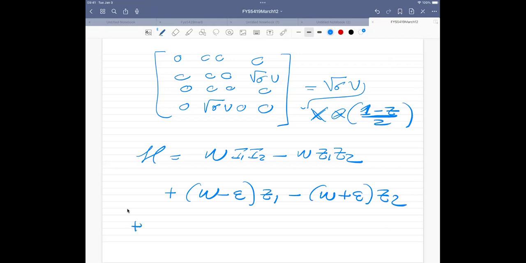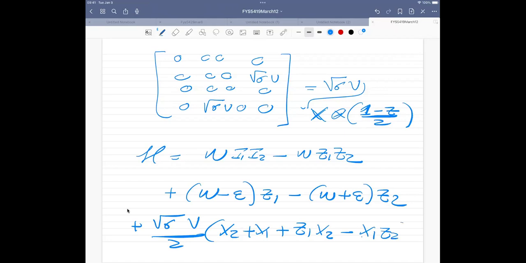And then I have plus square root of 6 times V divided by 2 here. And then I have my X2 plus X1 plus Z1. So when you don't see the tensor product, these are matrix multiplications minus X1 and C2.